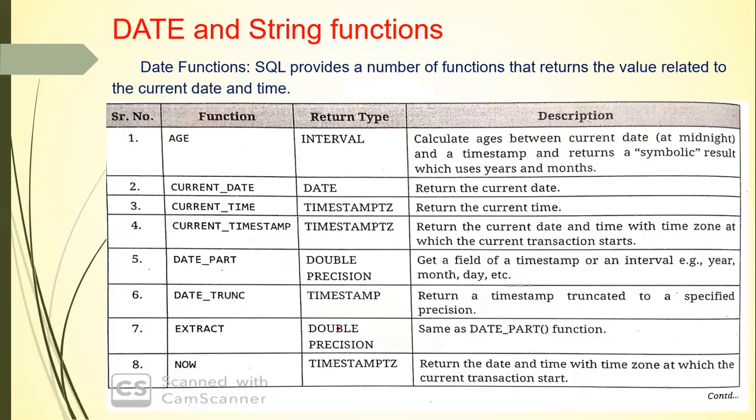Now here the first function is given there, that is the age. If you want to calculate age of a person, if we mention that, it can return the interval between two dates.